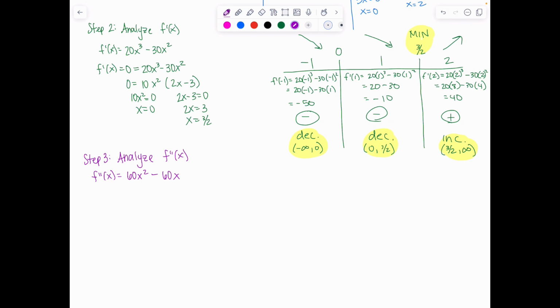Set this equal to 0. Let's factor 60x. So we'll have x minus 1. 60x equals 0, so x equals 0. x minus 1 equals 0, x equals 1.